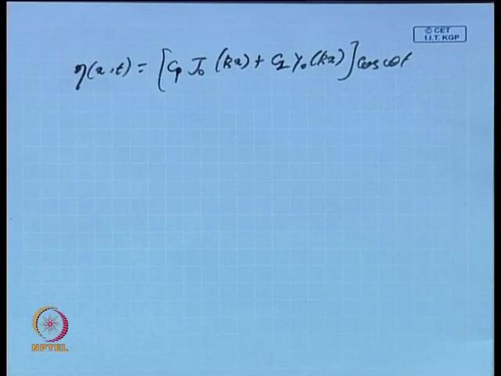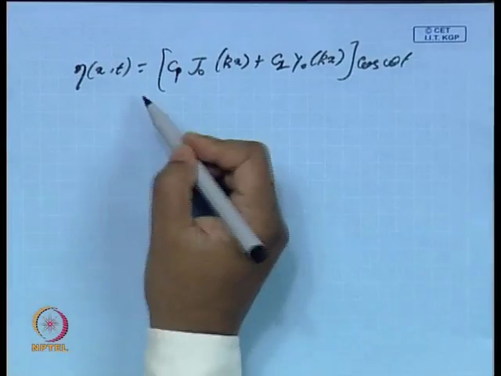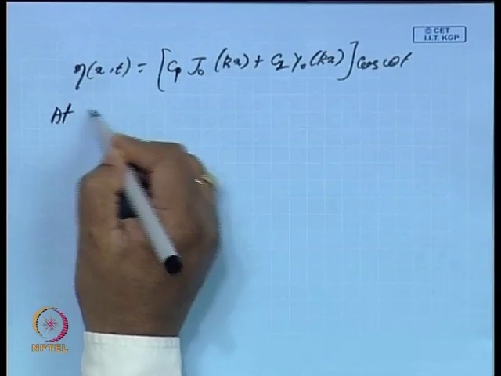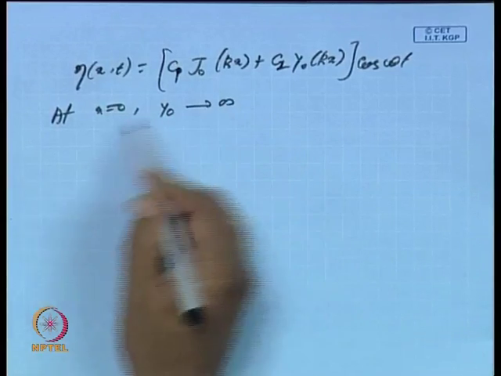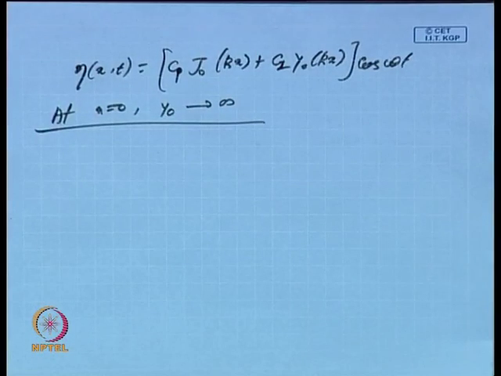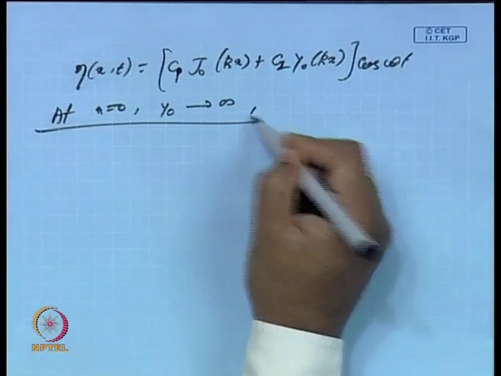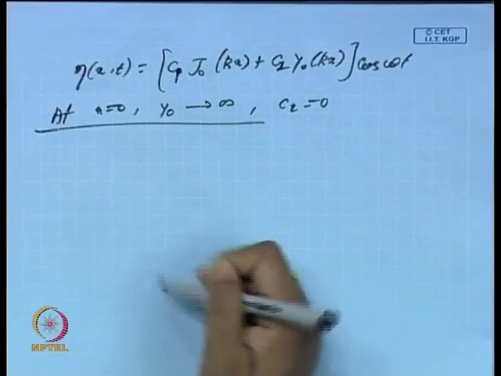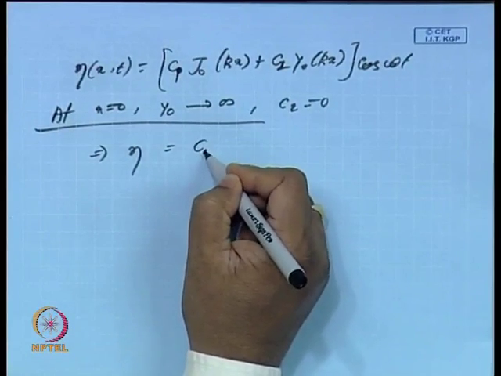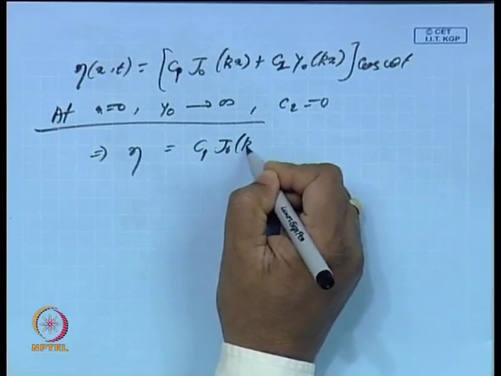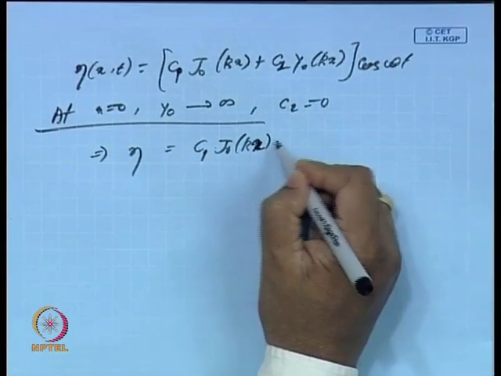As we know, Y naught tends to infinity at x equal to 0, and we are looking for a solution bounded near x equal to 0. So, c 2 has to be 0. In the process we get eta equal to c 1 J naught k x into cos omega t.